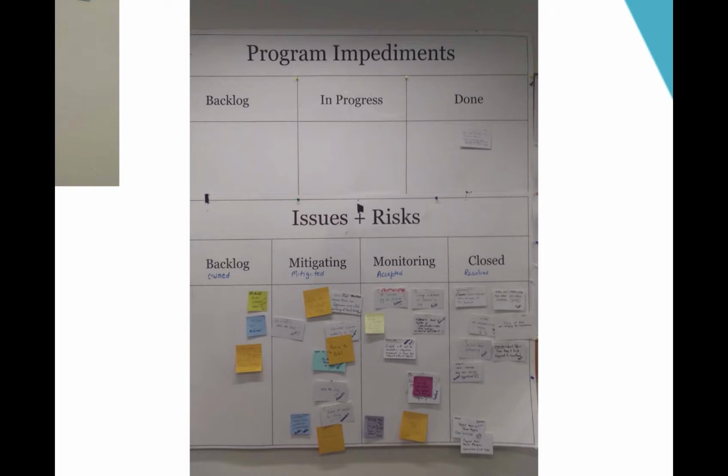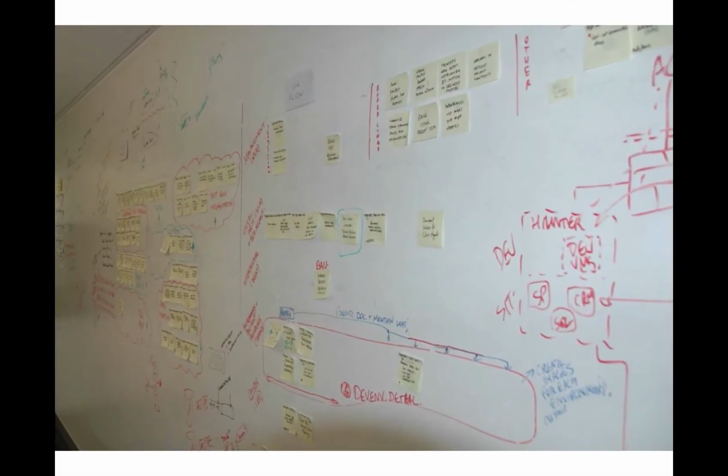This one is a program board for 10 teams delivering a very large outcome, and that's their backlog of issues, then mitigating, monitoring, and closed. This is another one, a Scrum team, using Kanban to deliver. They had whiteboard paint all over this wall, and so they were able to not only move their features through all of the stages, but also to draw around it.